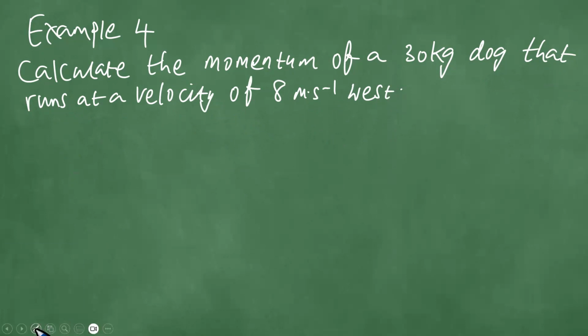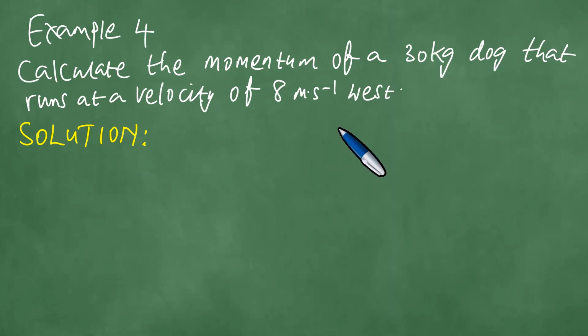Right, we look at the solution to this. Calculate the momentum of a 30 kilogram dog that runs at a velocity of 8 meters per second.